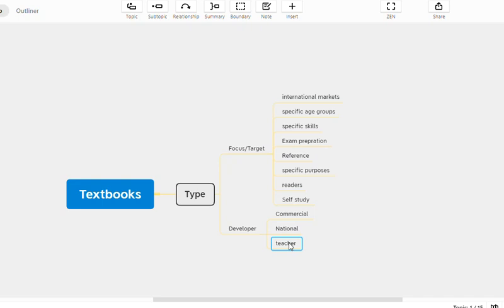And the other one is teacher-developed materials. Teachers sometimes develop their own materials, and this type of material, if professionally developed by a highly skilled teacher of high quality cognition with the required skills and identities, is the best type of textbook, because teachers develop material for their own students.